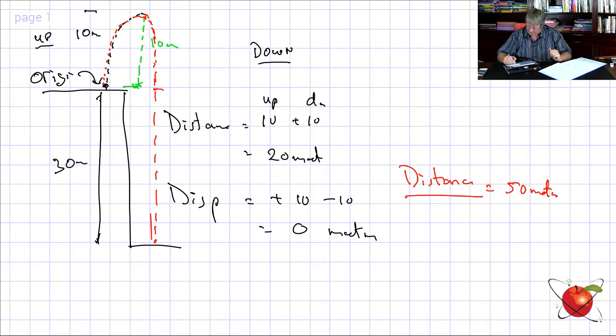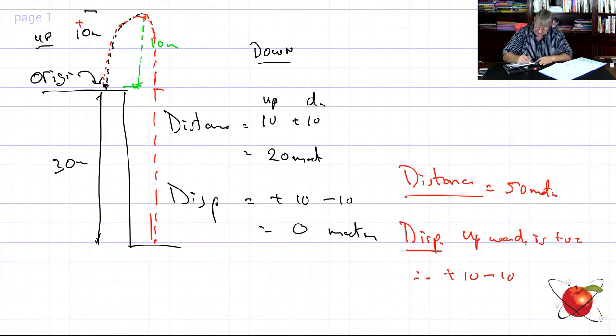What do I do next? Displacement. Let's say upwards is positive. Therefore, plus 10, which means down is negative, minus 10, and then minus 30.